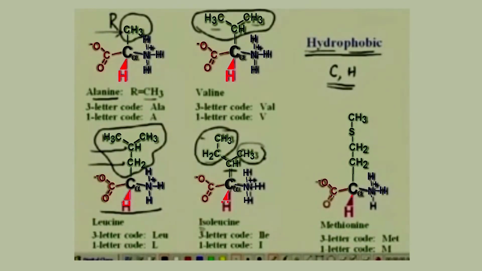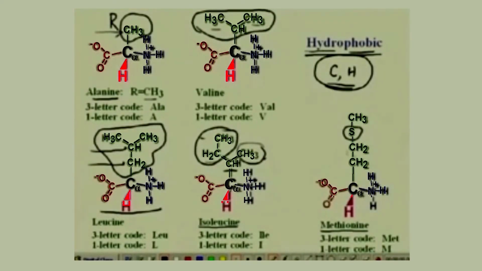This is isoleucine. Now, if you look at all the side chains that have been circled here, they are comprised of carbon and hydrogen only, which make them hydrophobic in nature. Methionine can fall into this category as well, but it has a sulfur atom and a methyl group attached to the sulfur atom.